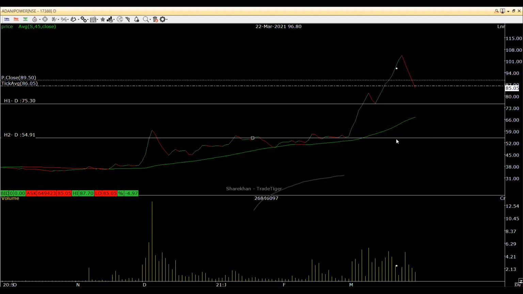But if Adani Power or whatever this is going to be one of your long-term buys, which you want to hold for a very long time, then this is the level you should be buying. See, when you're a momentum trader, buying here and selling here makes great sense. You buy at this point and sell at this point because anyway you're keeping it for 1 month or 2 months, or not even 1 month, 1 week, or maximum 1 day or 1 week.